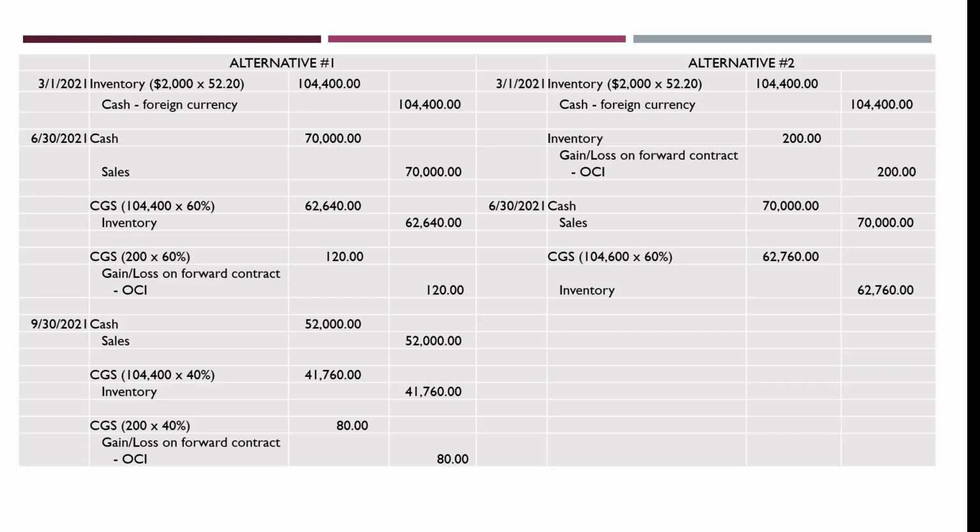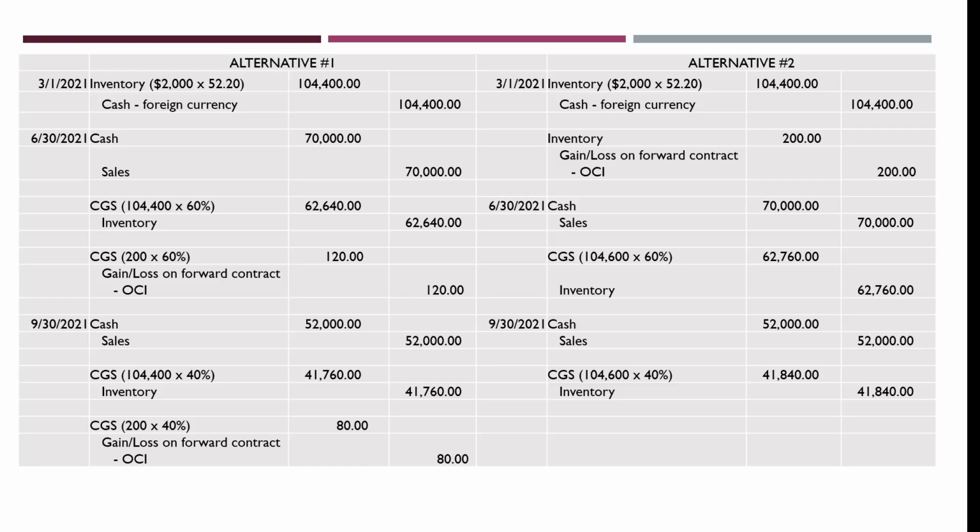It is just a matter of timing difference kung kailan mo daw i-close yung OCI. Timing difference lang ang pinagkaiba ng dalawang treatments na ito. Malinaw. Then, second date of sale, September 30, the same set of entries. Timing difference. Okay? Then, we are done with the subsequent accounting for cash flow hedge.